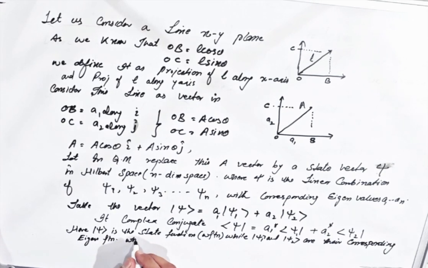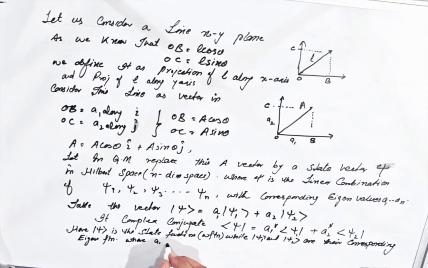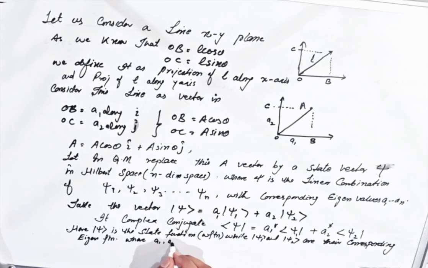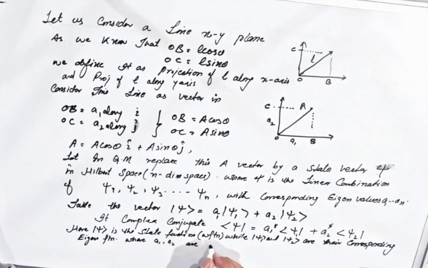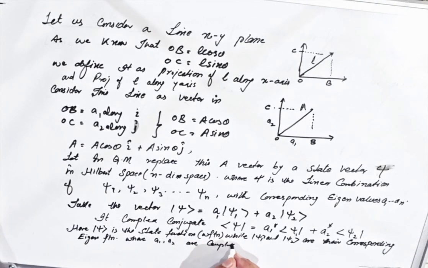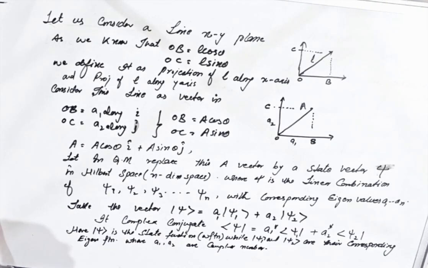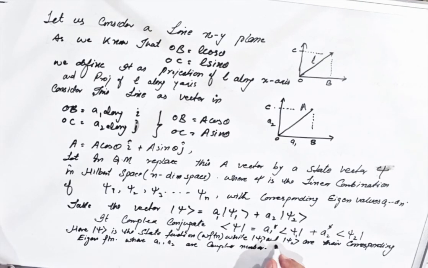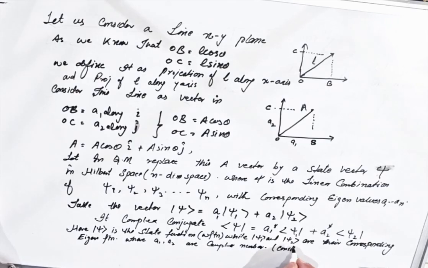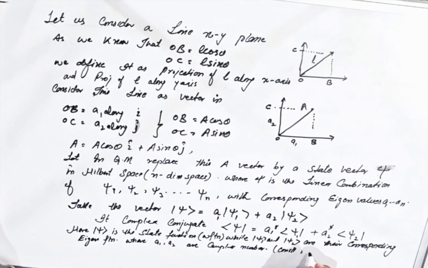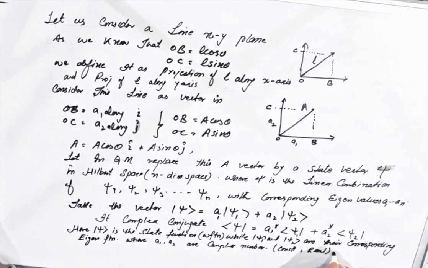Where A1, A2 are complex numbers. They may be constant in special cases or real.